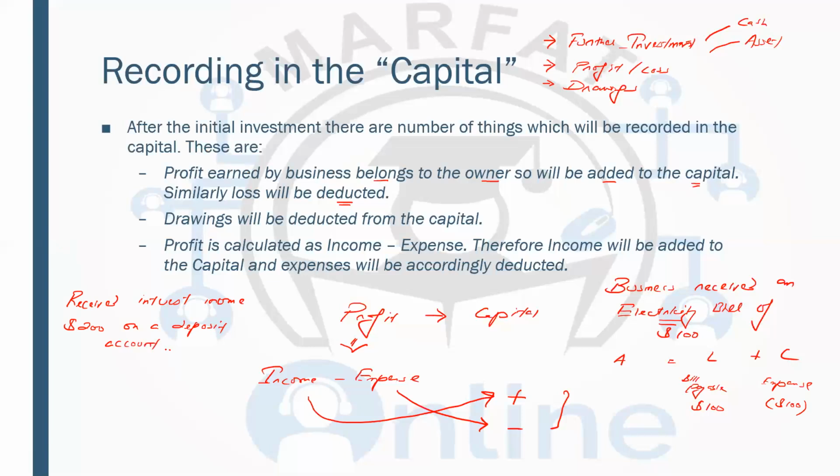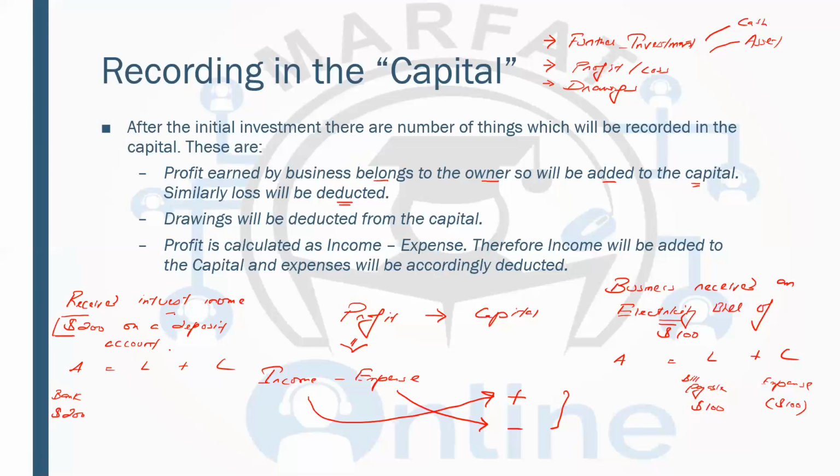Now you are having surplus money in your business, and you deposit that business money into a business account, and now you are receiving some interest on that. So how will this be plotted in the accounting equation? Because the business is receiving $200, it will be recorded in the cash or the bank under the assets for $200.